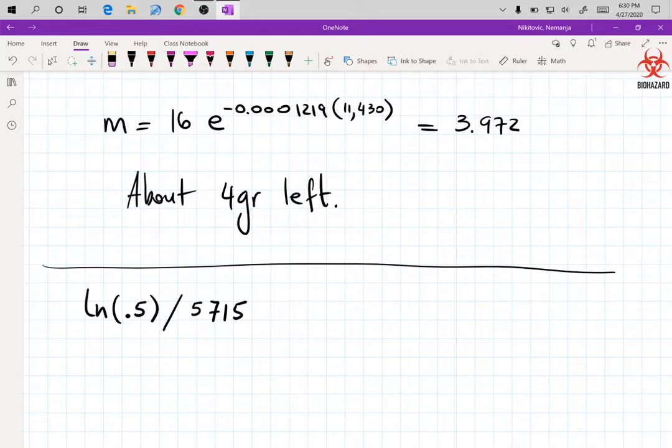The calculator returned negative 1.212855, but then there is this e negative 4.